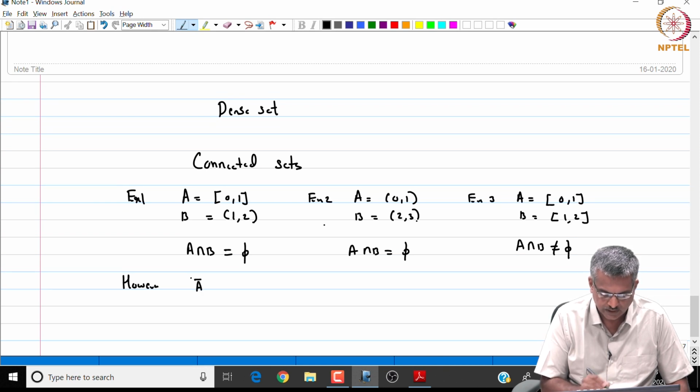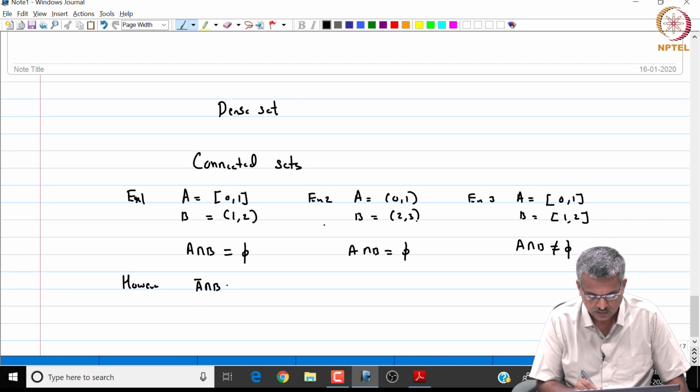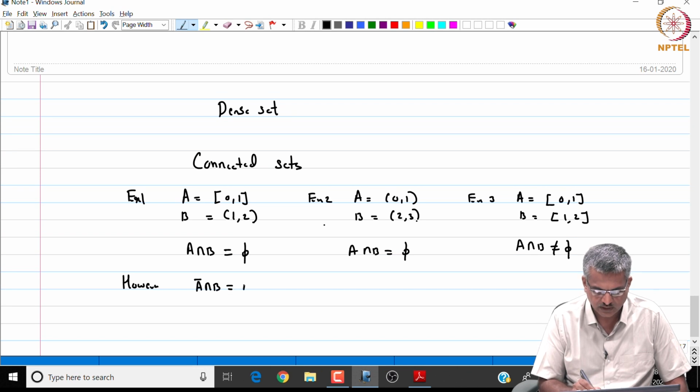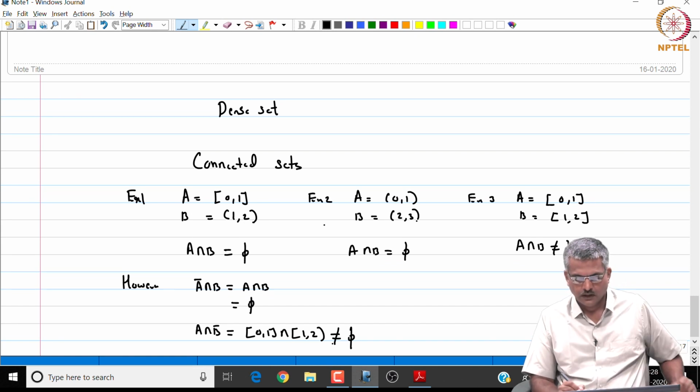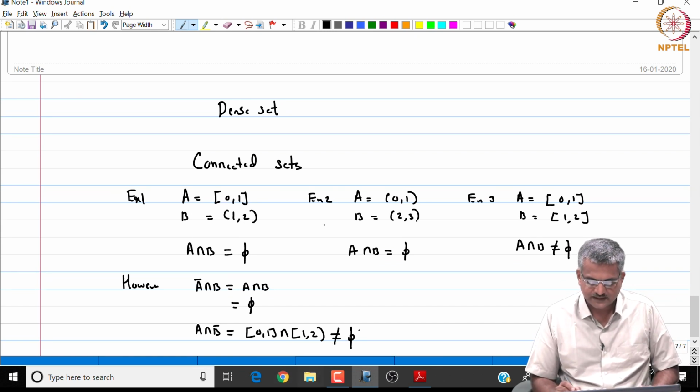However, if you compute A closure intersection B, right. So, A closure is nothing but here A itself. So, it is A intersection B, and A intersection B is the null set, and A intersection B closure is [0,1] intersection [1,2], which is non-empty, right.